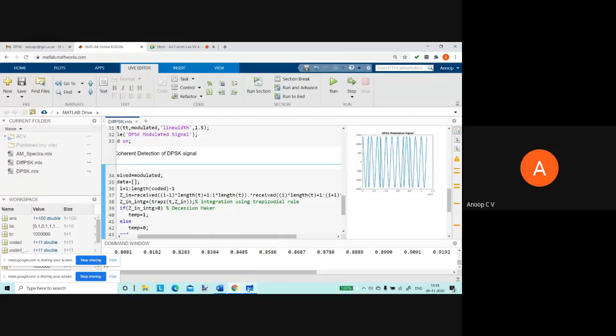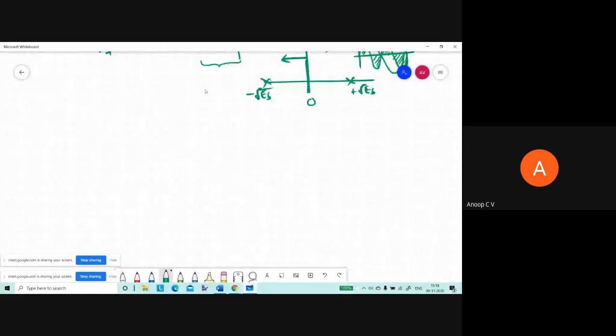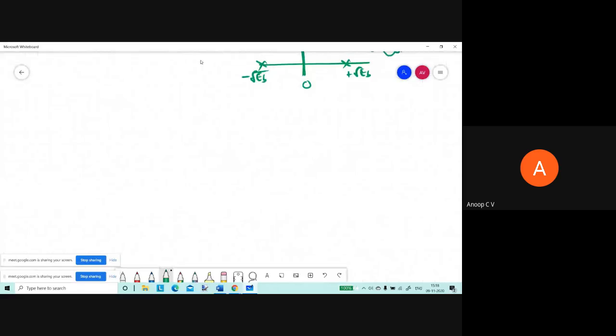Maybe we'll just see the logic behind this. Only the time frame you have to consider; I'm not drawing the signal. This is the first symbol, this is the second symbol, this is the third symbol. Suppose there are 100 samples during each bit, sample 1 to 100.